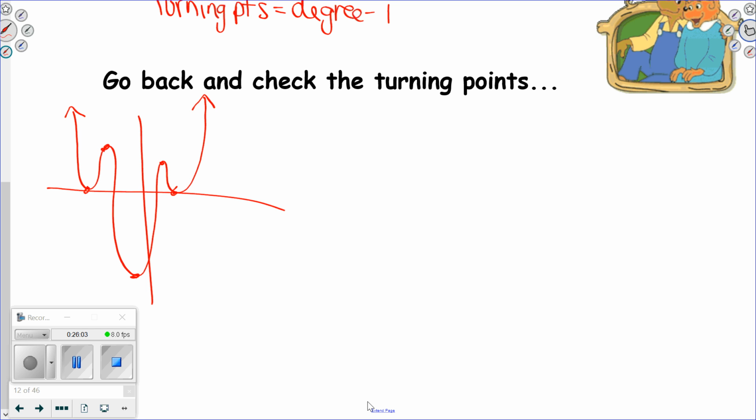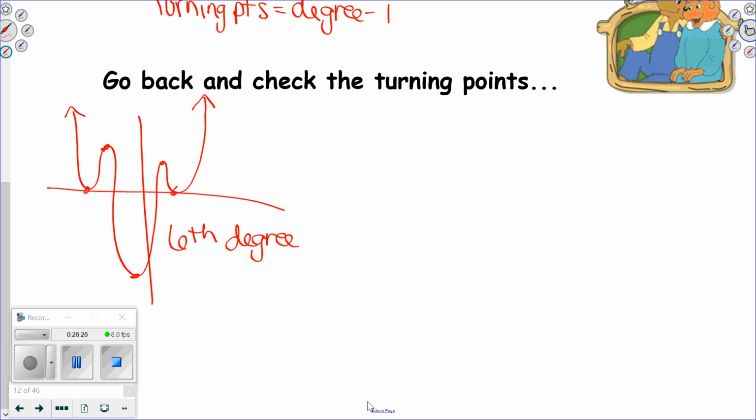So what degree would this be? That would be a 6th degree. So if I give you the graph, you have to add 1 to the turning points to get to the degree. But if I give you the degree, subtract 1 to find the turning points. Will it always have that many turning points? No, that's just the most it could have.